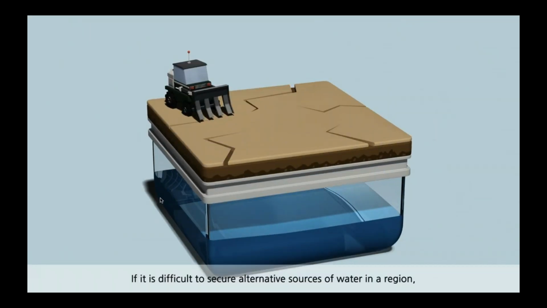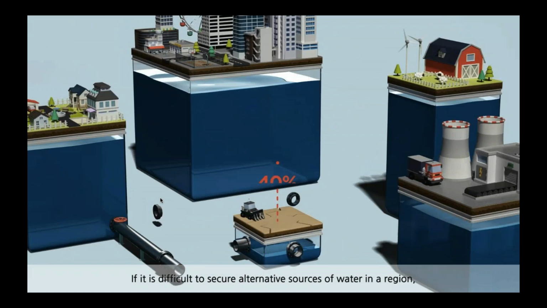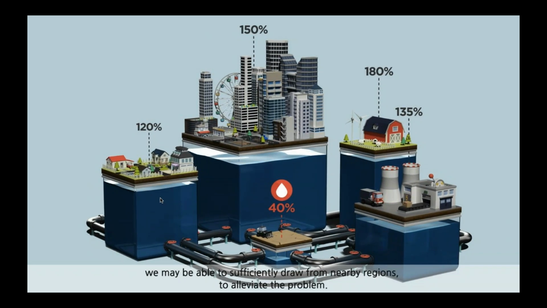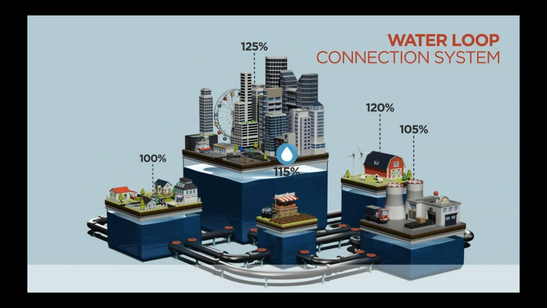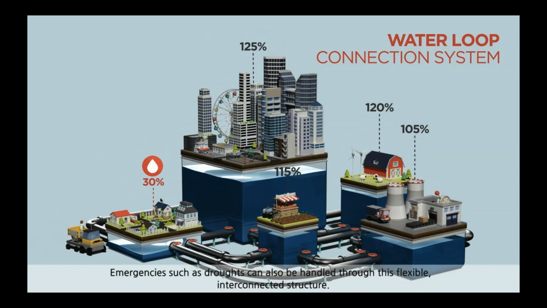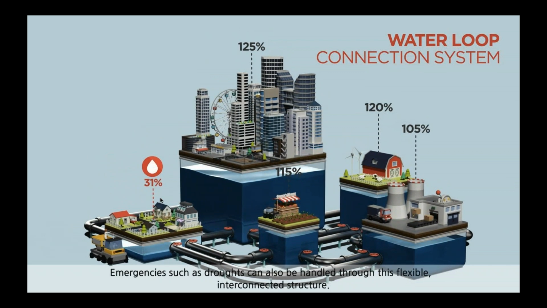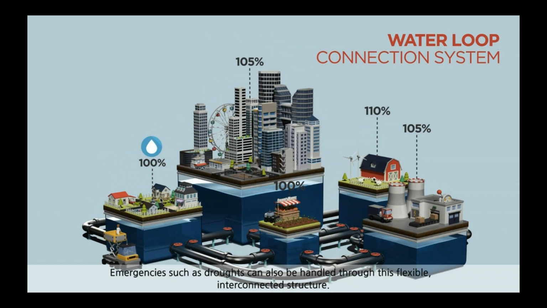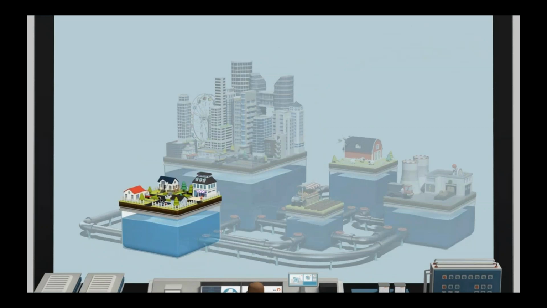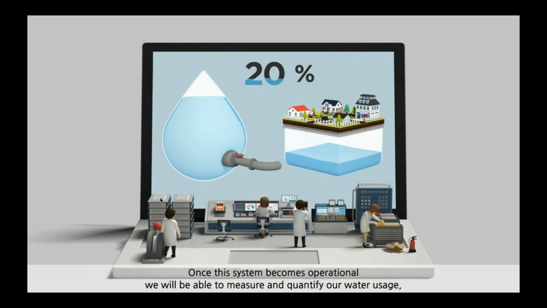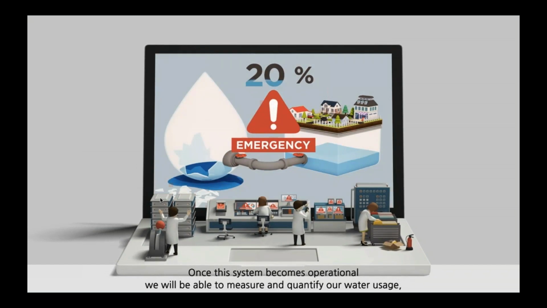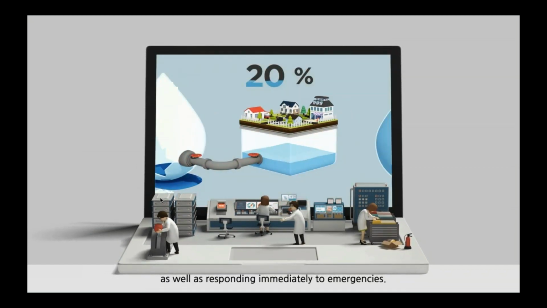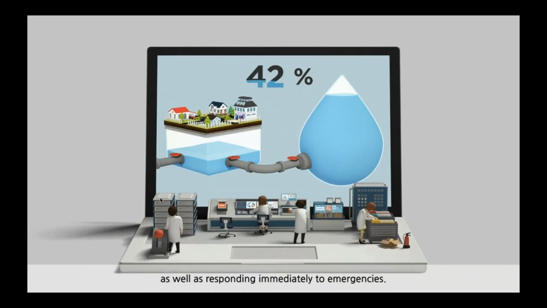If it is difficult to secure alternative sources of water in a region, we may be able to sufficiently draw from nearby regions to alleviate the problem. Emergencies such as droughts can also be handled through this flexible, interconnected structure. Once this system becomes operational, we will be able to measure and quantify our water usage, as well as responding immediately to emergencies.